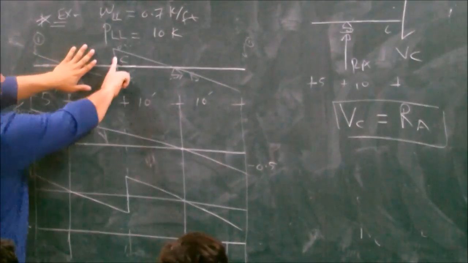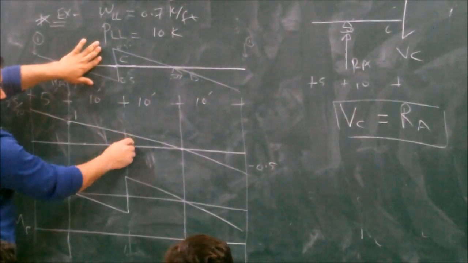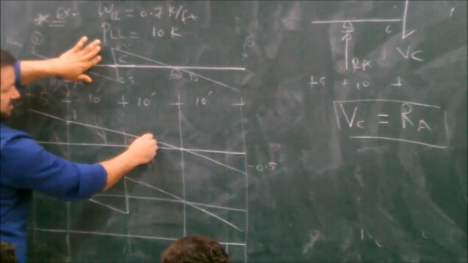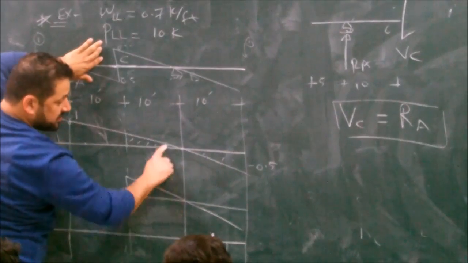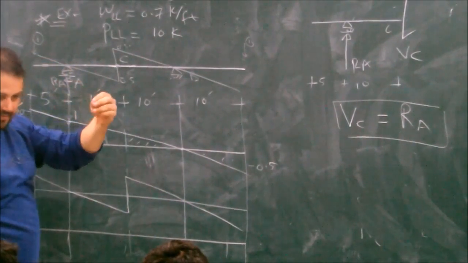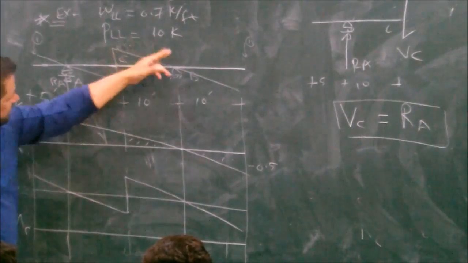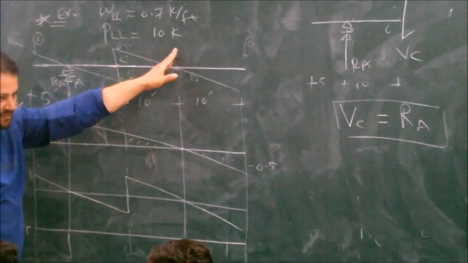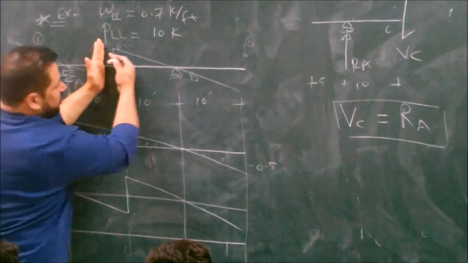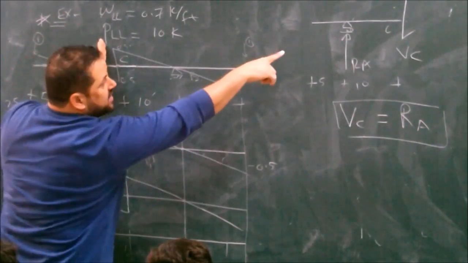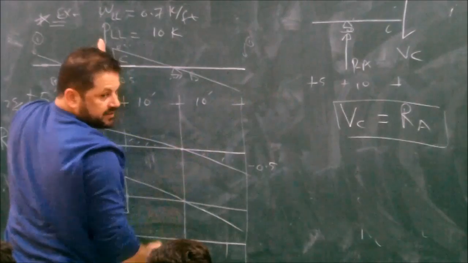This is from here to here. But if the unit load is after C, from C all the way, your equation is VC equals RA.